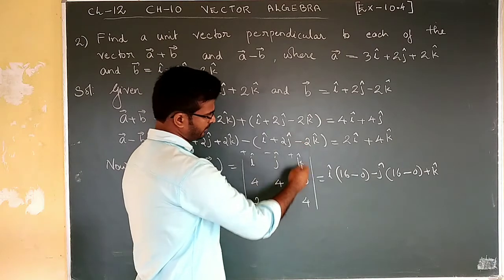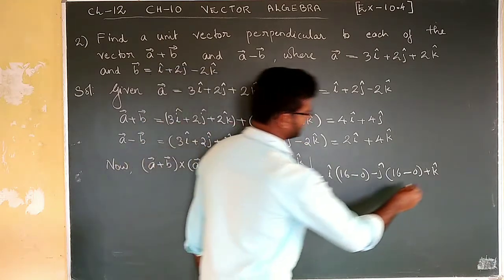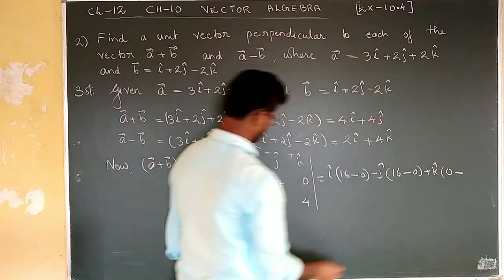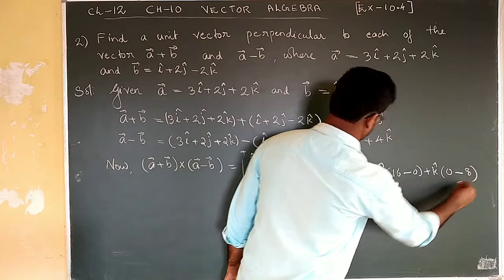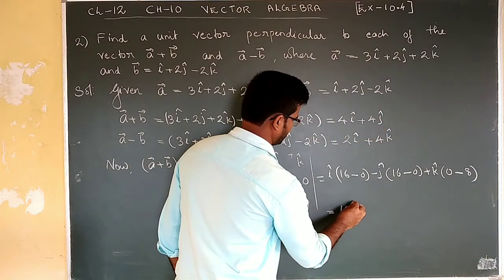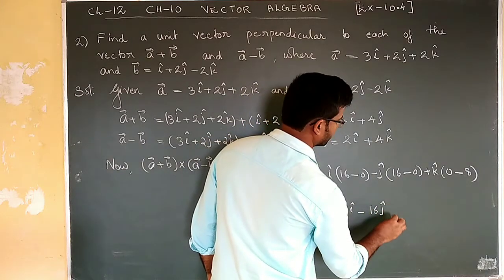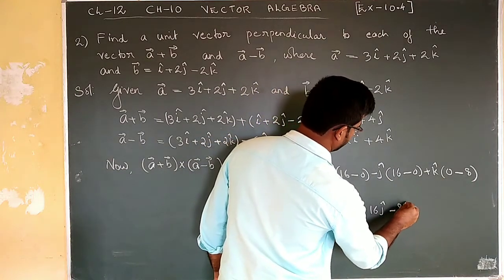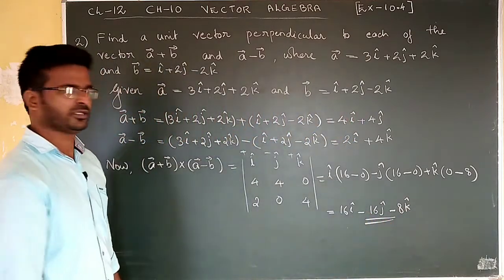Leave the third column, first row, then remaining 4 into 0 is 0 minus 2 into 4, 8, equal to 16 i vector minus 16 j vector, in here minus 8 k vector. We got the cross product.